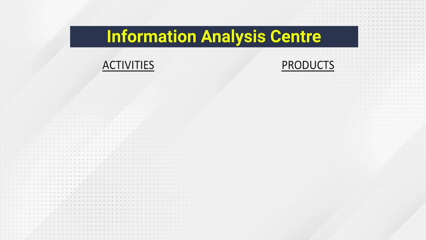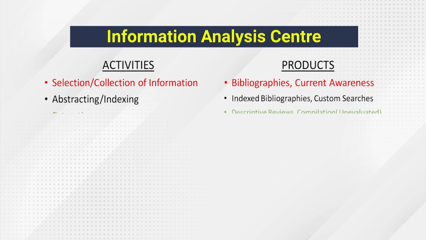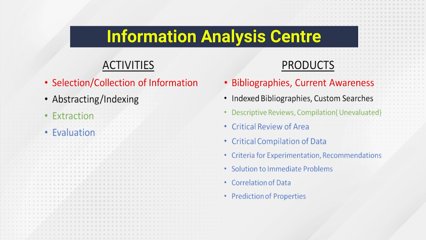If you see on the left side, we have mentioned the activities that an information analysis center is involved in, and on the right side, corresponding to these activities, the different products that are created. To begin with, a center selects and collects information, and it is not that every piece of information available is selected and collected.